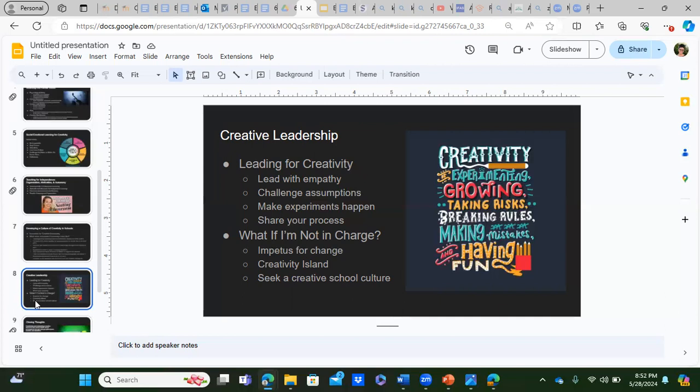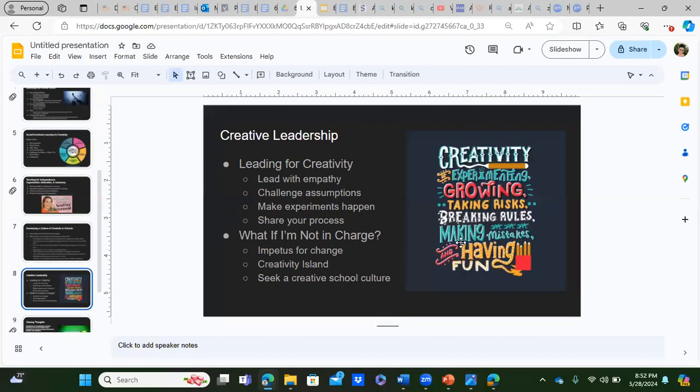Look for other ways that you could develop that creativity within your district. And look for those, what we like to call creativity mentors. They're there. Trust me, you're not the only one who is desiring a more creative workplace and a more creative classroom. So those are just three things that you can do if you're not in charge.